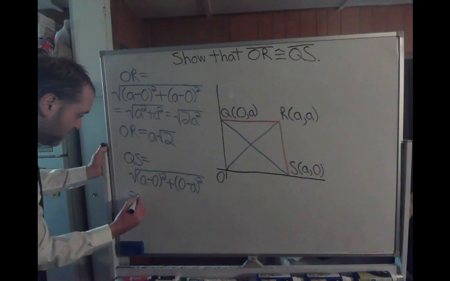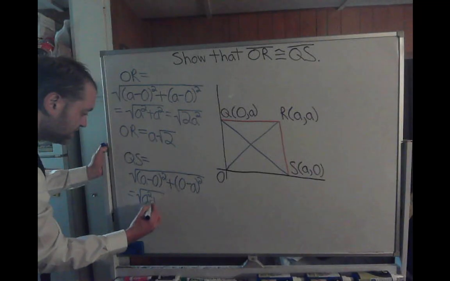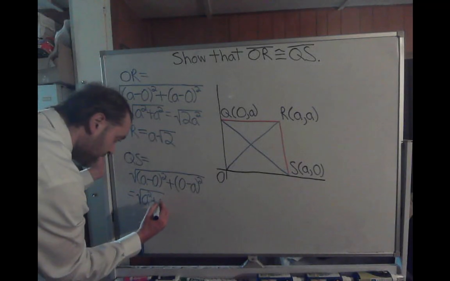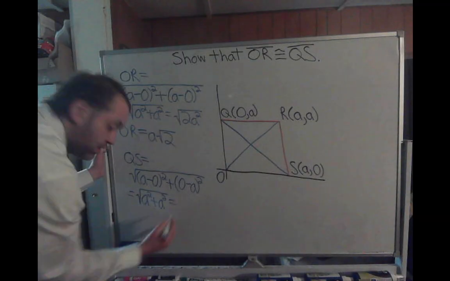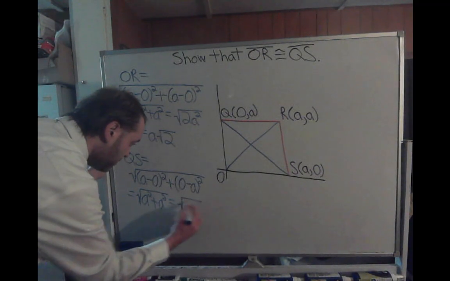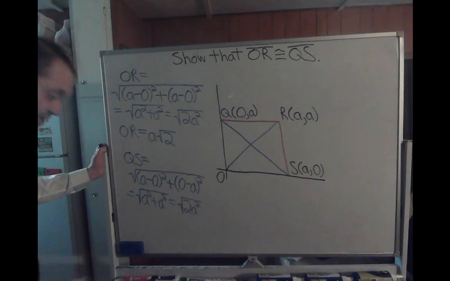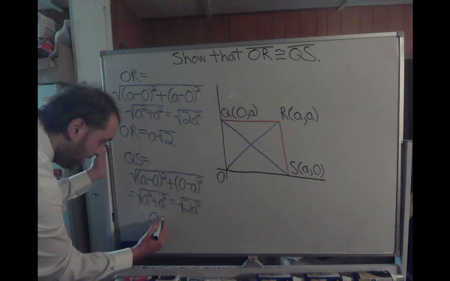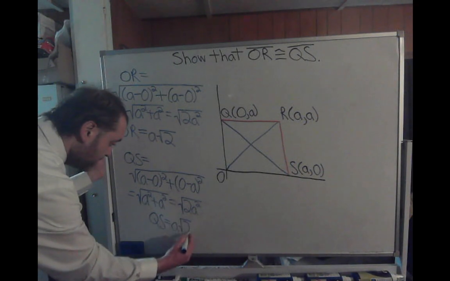That's just A. So that would give you A squared. Plus, then you have 0 minus A, which is negative A. Negative A to the second power, that's positive. That turns into positive A to the second power, which would give you the square root of 2A squared, which therefore means that the length of QS is equal to A times the square root of 2.